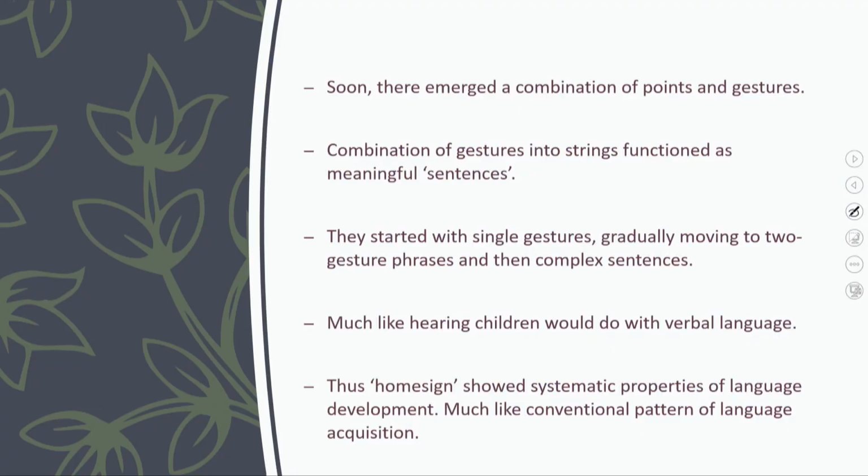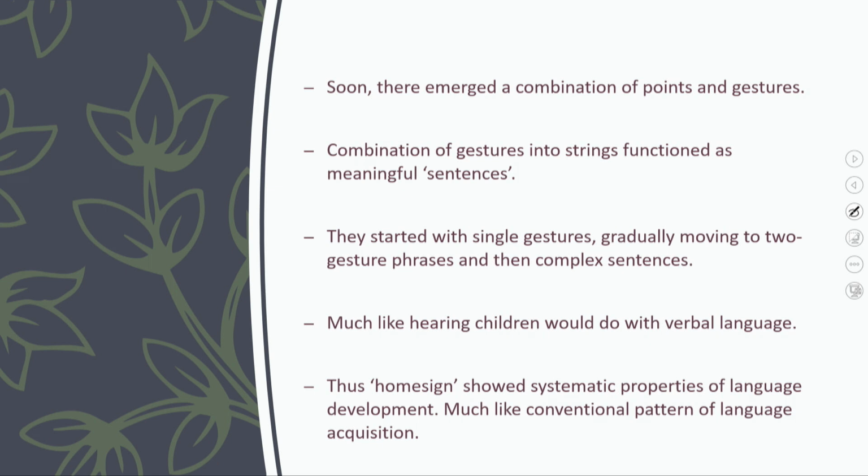Combination of gestures into strings then functioned as meaningful sentences. They started with a single gesture, gradually moving to two gesture phrases and then complex sentences, just as a speaking child will do, starting with simple sounds followed by words and then the two word stage and then some simple sentences and then complex sentences.